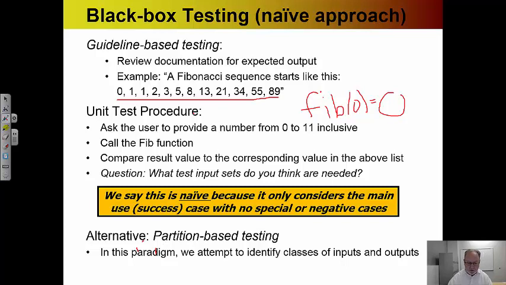So partition-based testing tries to help you be complete. It also helps you be more efficient by creating test cases that are different, that partition the input space so that you pick representative values, so you can test less but do it with more confidence that you're covering all the interesting cases associated with your input values.